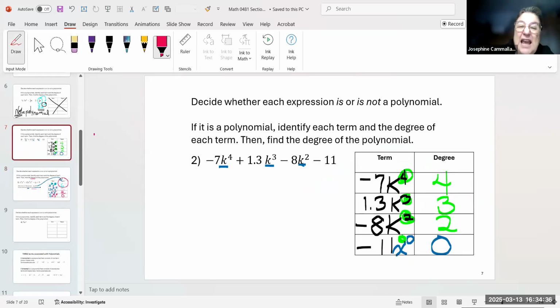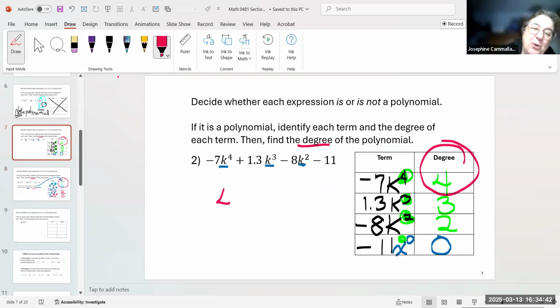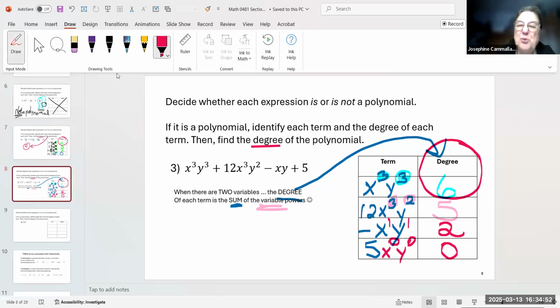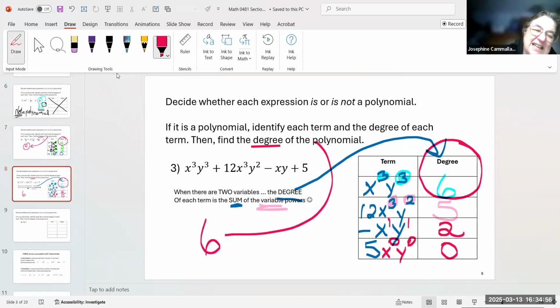Whereas in the last slide, when I only have k's, the degree of the polynomial is 4, the highest power of just the single variable. But this one is 6, is the degree of the polynomial. It's the highest exponential power in this table.